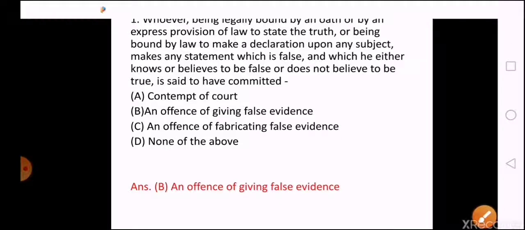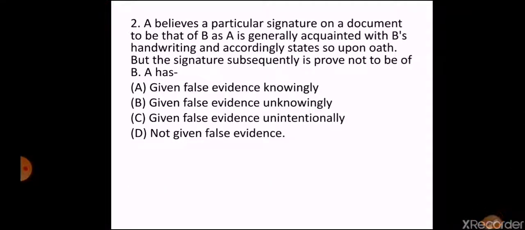The next question is, A believes a particular signature on a document to be that of B, as A is generally acquainted with B's handwriting and accordingly states so upon oath, but the signature subsequently is proved not to be of B. A has A. given false evidence knowingly, B. given false evidence unknowingly, C. given false evidence unintentionally, D. not given false evidence.